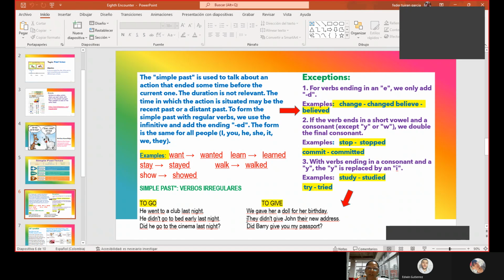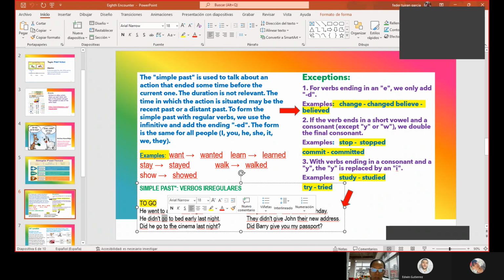If it's negative, you use did not or didn't, and the verb in the base form. The present form or infinitive form is the same. You can see here in the example: he didn't go to bed early last night.